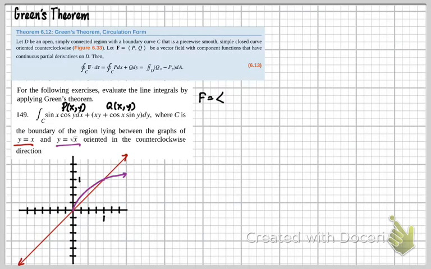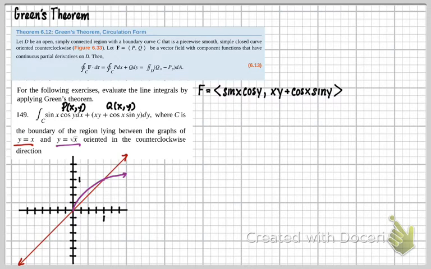So F equals sine of x cosine of y, comma, xy plus cosine of x sine of y. So that's our vector field that we're actually looking at here. And yes, it was hidden right in the integral itself.